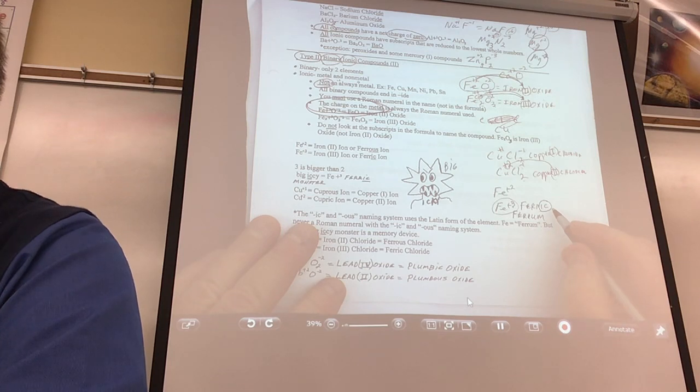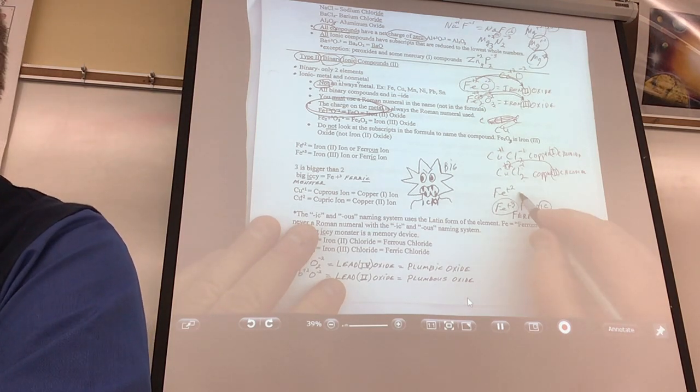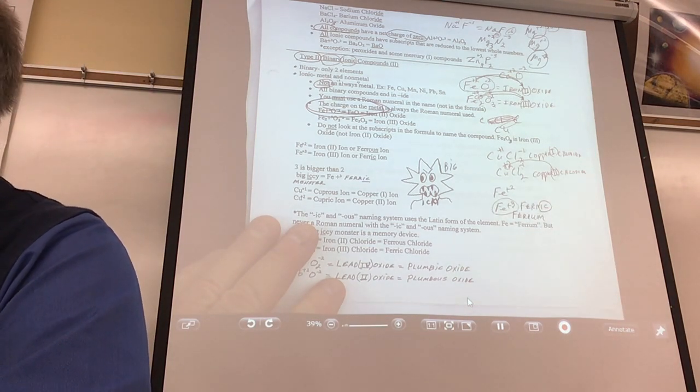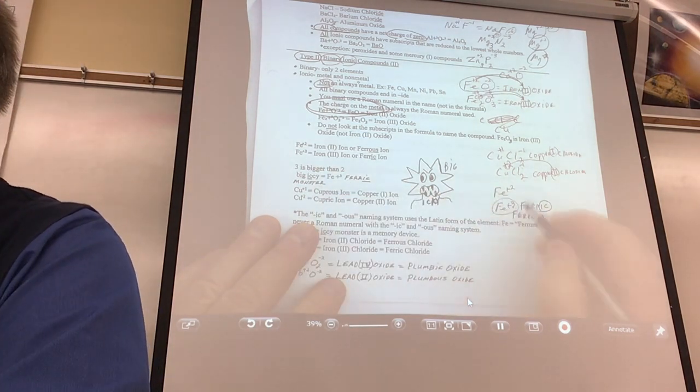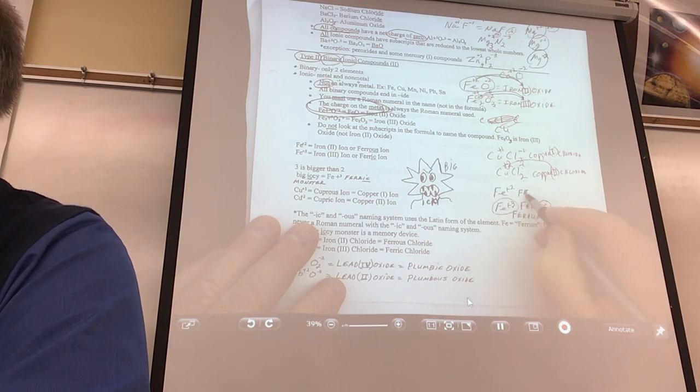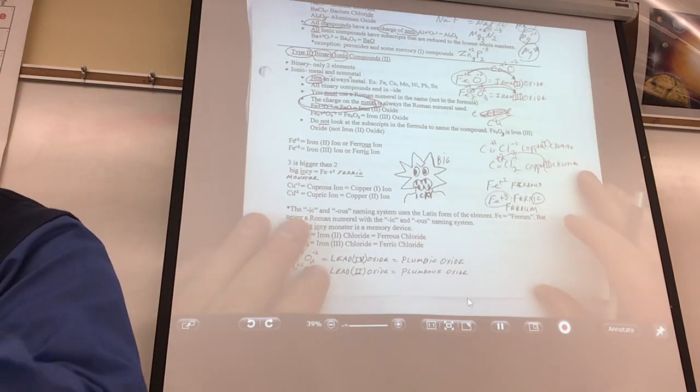That's the ferric ion. So this is called the ic and the ous system. The ic and ous. See that? So if you are the big icky monster, then you are the not so big ferrous. All right, now let me tell you how this works. Watch how this works.